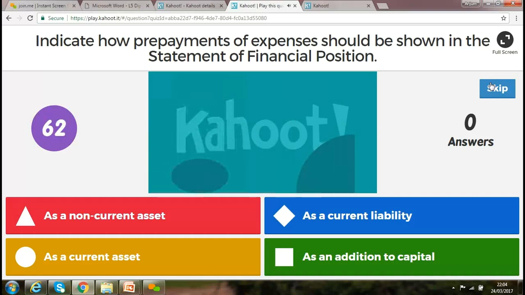Which statement will be correct? Just click the option current asset.